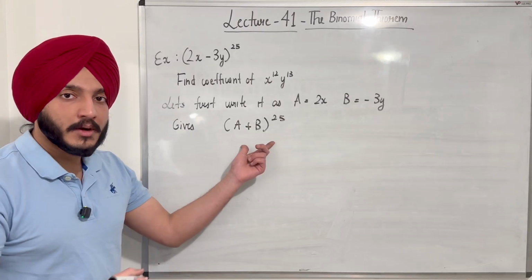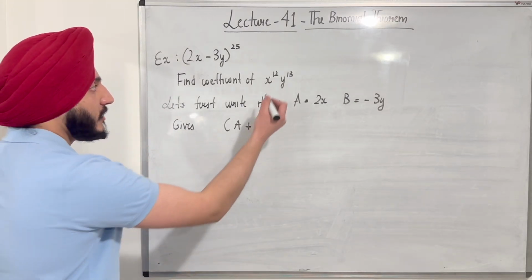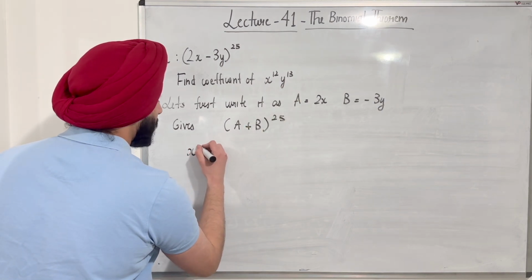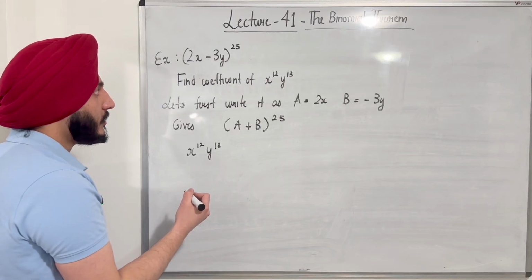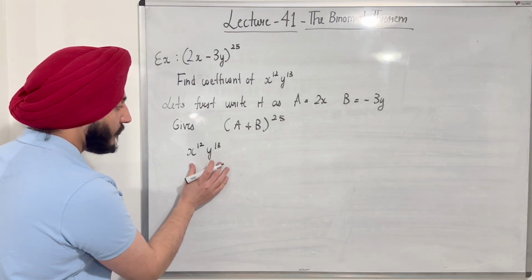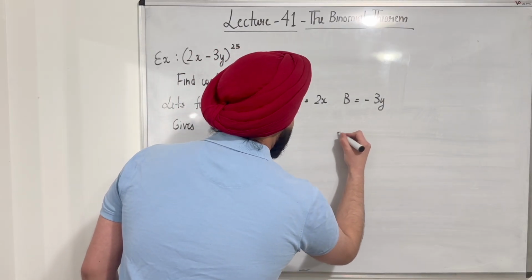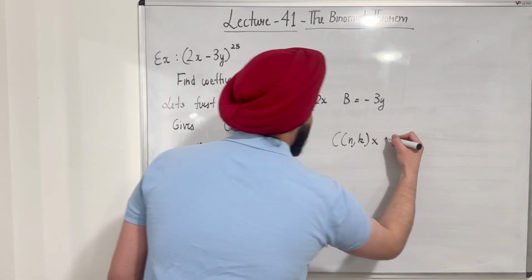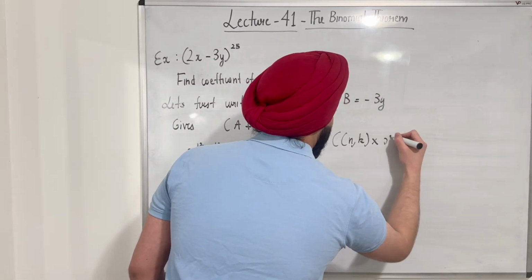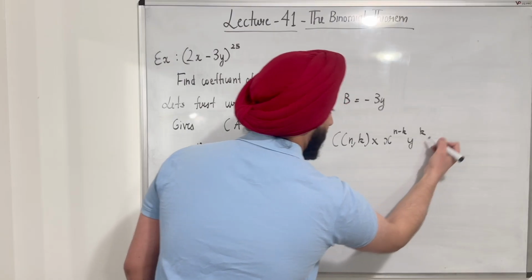Now this becomes the binomial formula that we already know. So we need to find the coefficient for x to the 12, y to the 13, right? If you remember, the binomial theorem was C(n, k) multiplied by x to the power of n minus k, y to the power of k, right?